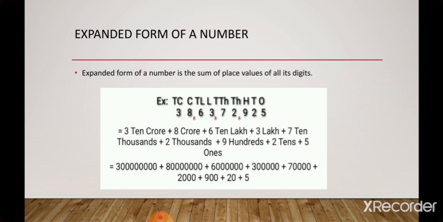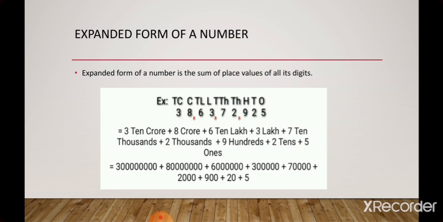Plus 6. 6 in 10 lakhs place. So after writing the digit 6, you should write 6 zeros. Then it becomes 60 lakh. So after writing the 6 lakhs, we have 3 lakhs. So in 3 lakh, after writing the digit 3, you should write the 5 zeros. Then it becomes 3 lakh.